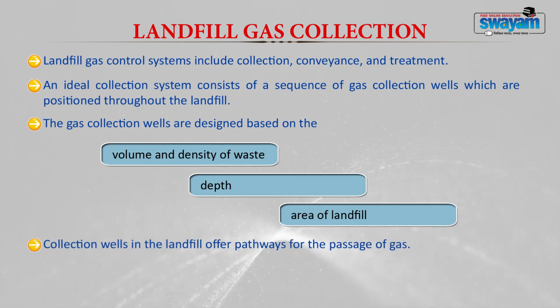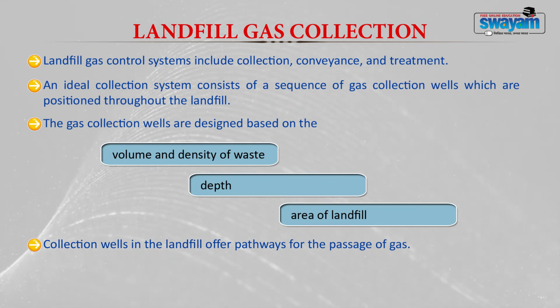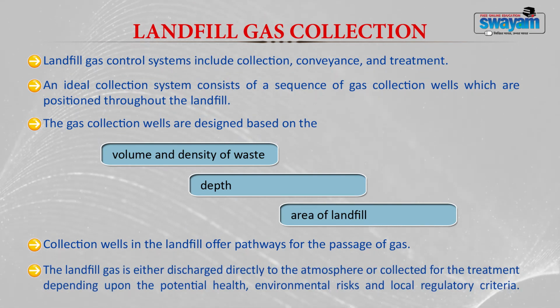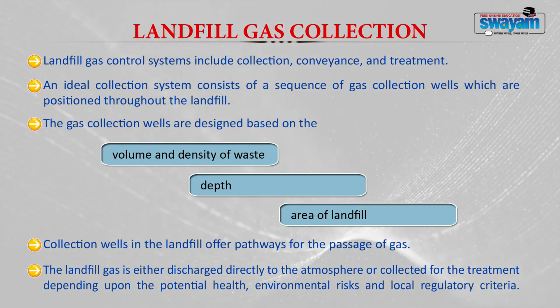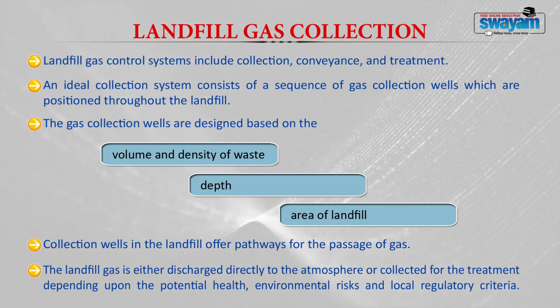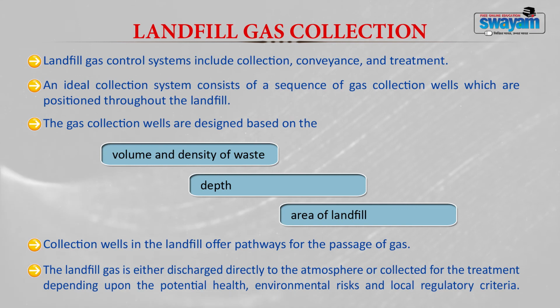Collection wells in the landfill will generally offer paths for the movement or passage of gases. The gas will be either discharged directly to the atmosphere, or it can be collected and treated, or it can be used potentially to avoid any health and environmental risks.